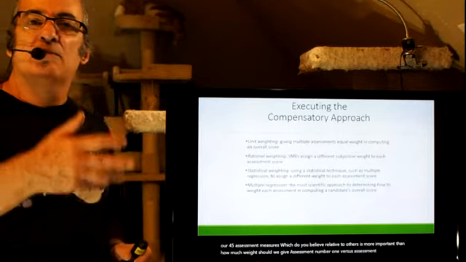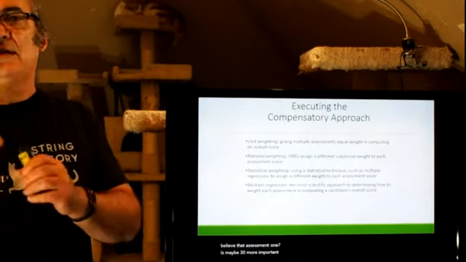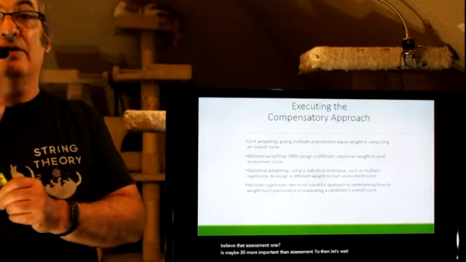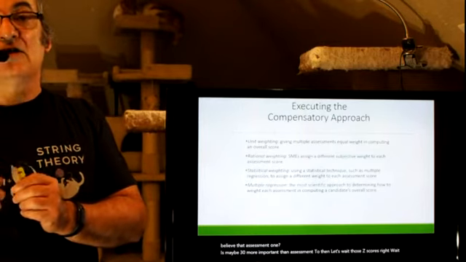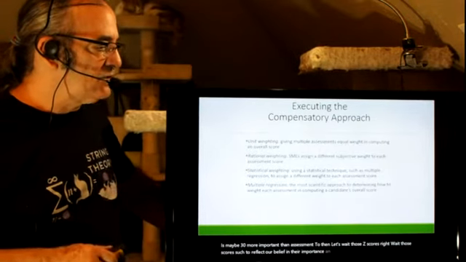Do we believe that assessment 1 is maybe 30% more important than assessment 2? Then let's weight those z-scores, right? Weight those z-scores such to reflect our belief in their importance. And notice this is really at the basis of opinion.